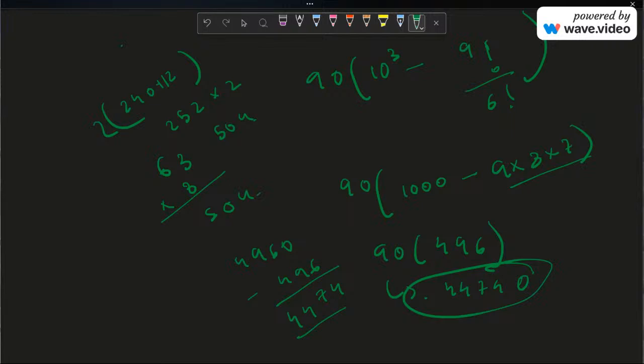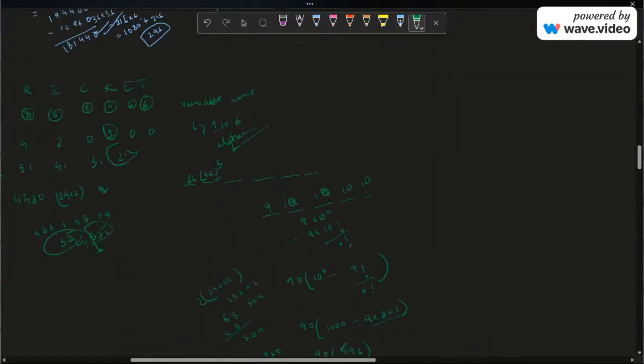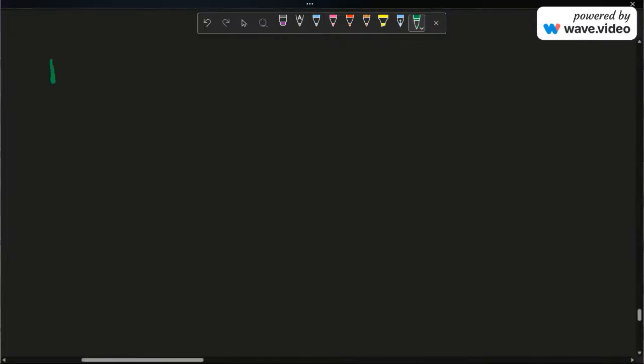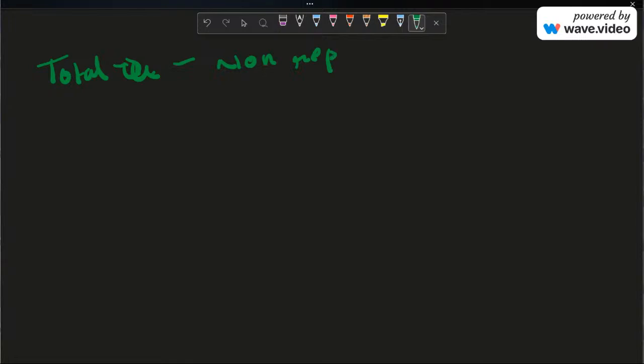Digits. So when at least one digit was repeated, let's go. So total minus non-repeated. Total five digit numbers are 9 into 10 to the power 4.